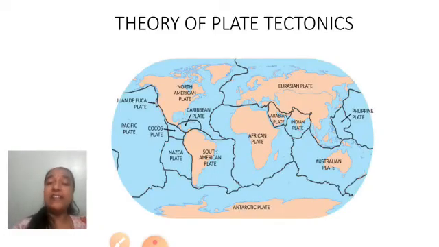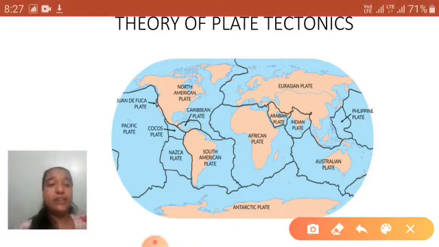So, scientists tried to find what kind of things happened to change this particular landmass. They came up with a possible theory, called the theory of plate tectonics. As per this theory, there were 7 major plates.